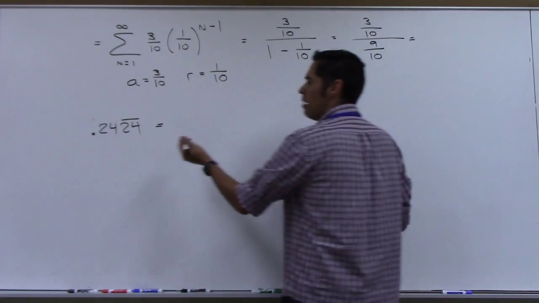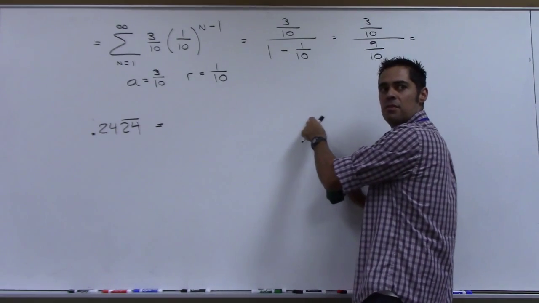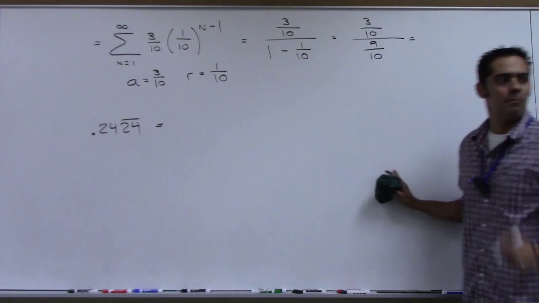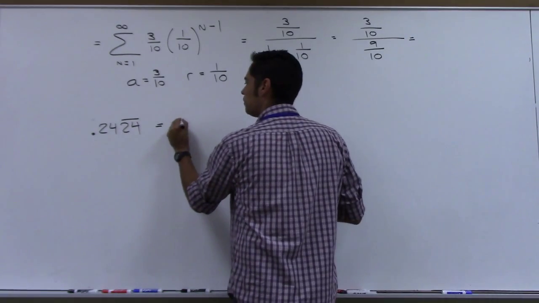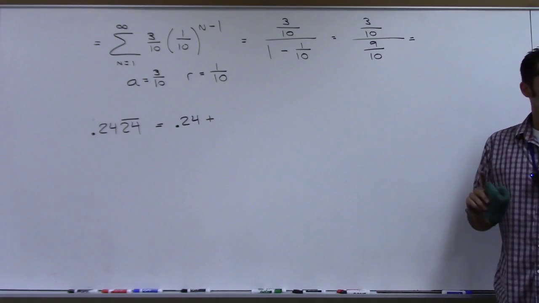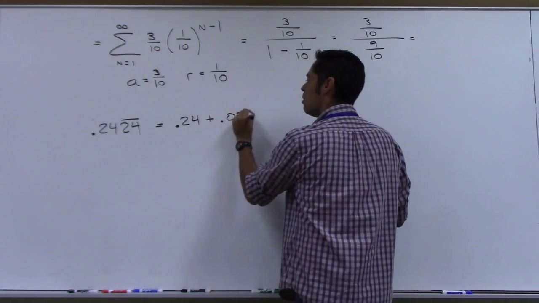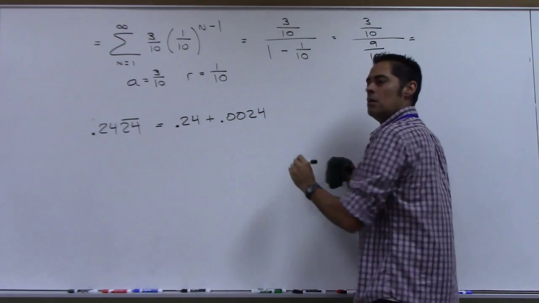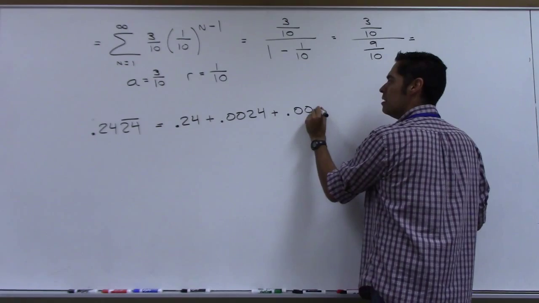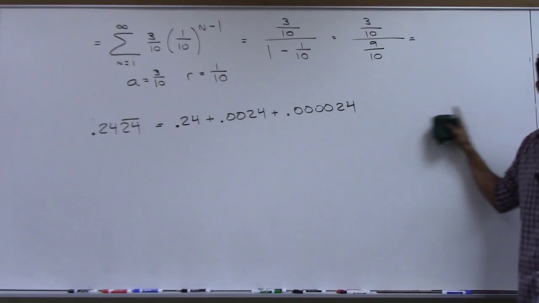So how would you redo this like the other one we did, 0.3 plus 0.03 plus 0.003? This is a little different though. 0.24 plus, and be careful on this one, 0.0024 plus 0.000024, and then continuing.